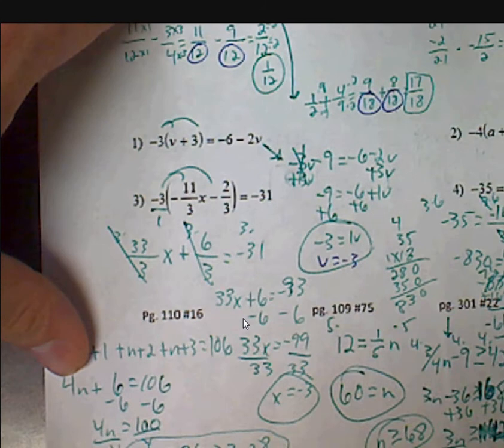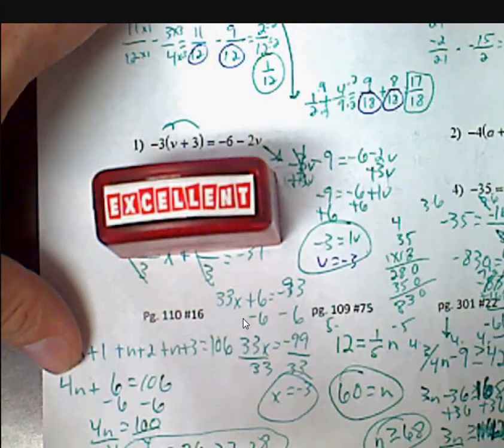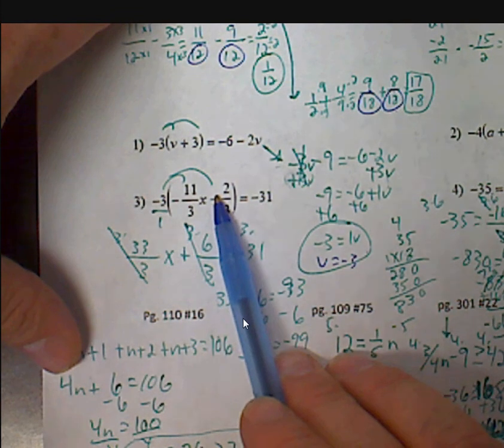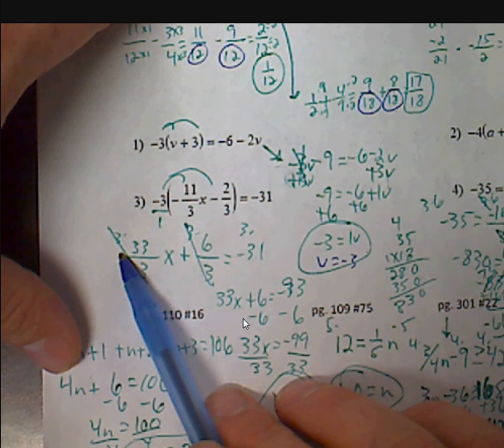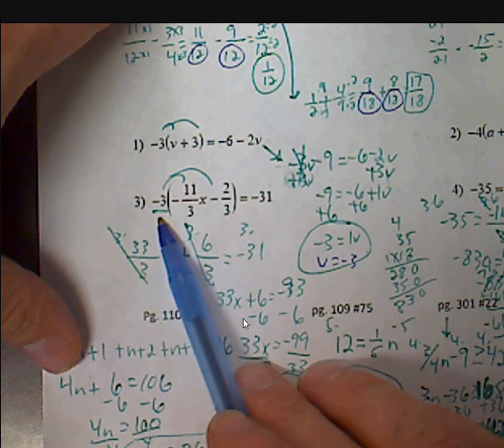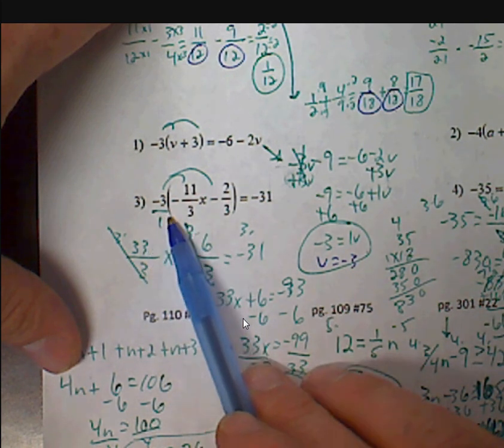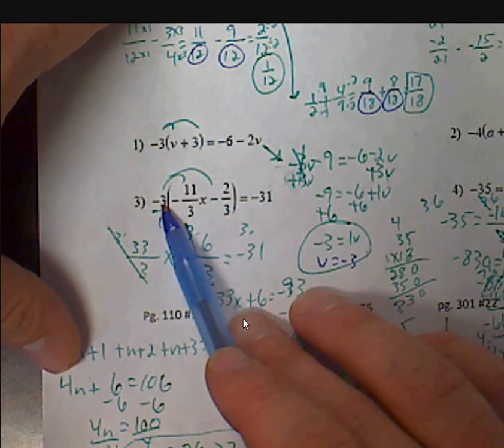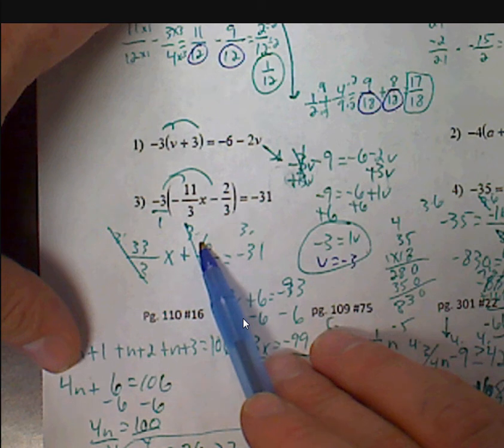Number 3, pause the video and try. On number 3, we have to distribute first. Negative times negative is a positive. 3 times 11 is 33, and I put a 1 underneath. 1 times 3 is 3. Negative 3 times negative 2 is positive 6.